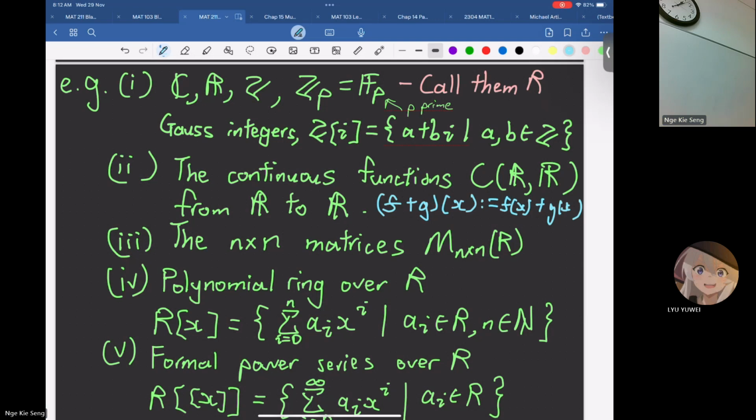How about multiplication? How do I multiply two functions together? Any idea? Composition. Yeah, composition. So can I define my multiplication as composition or not?